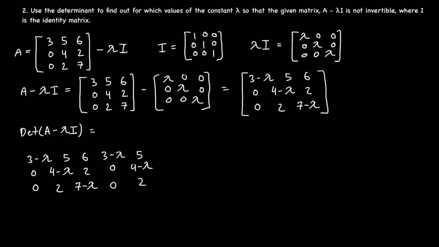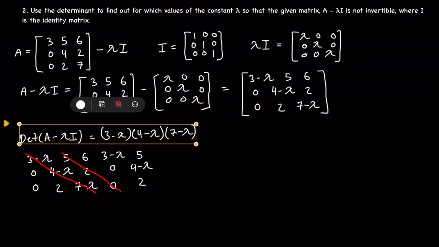Now that we've written it, we can multiply. So the determinant is 3 minus lambda times 4 minus lambda times 7 minus lambda. Now we also multiply these ones, but since it's getting multiplied by 0, it's just 0, so we don't really need to put that.